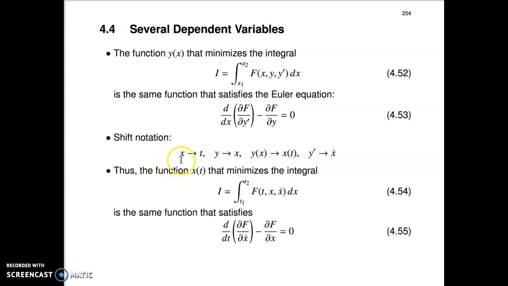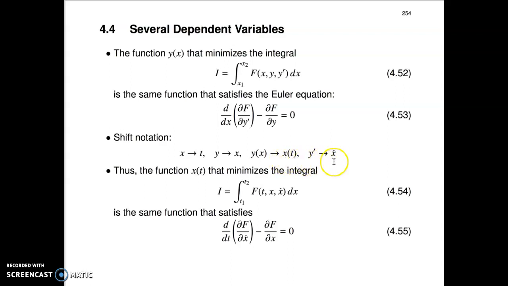So what I'm going to do is shift notation here. The independent variable, instead of calling it x, I'm going to call it t. And the dependent variable, instead of calling it y, I'm going to call it x. So that instead of there being a function y of x, we have a function x of t. And the derivative, which used to be dy by dx, or y prime, is now the derivative dx by dt.